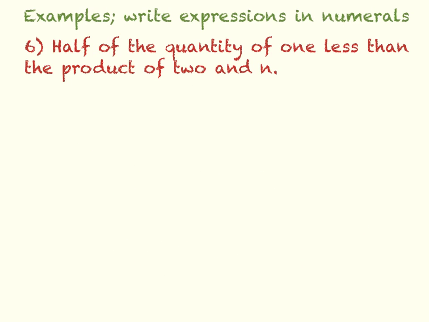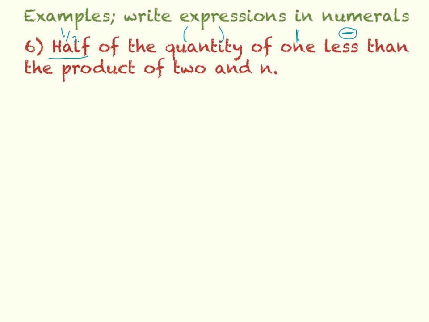And this last example, again, we're going to write the expression in numerals. Half means we're going to somehow divide by 2 or 1/2, right, 1/2 of the quantity, so I'm going to put things in parentheses, of 1 less, less in this case means minus because you're taking 1 away. So 1, and you're taking that 1 away from something.